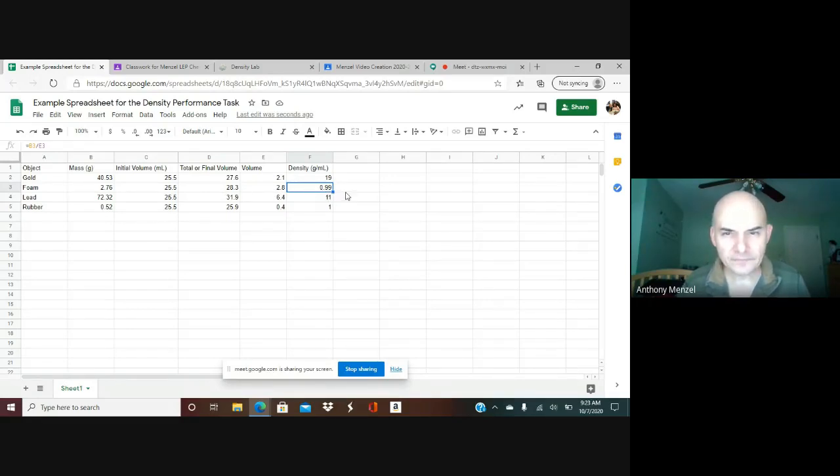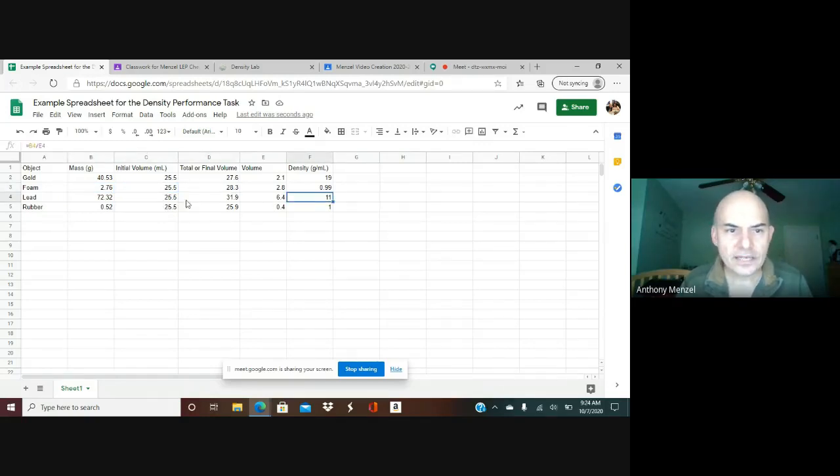So just be careful with that. Or again, if you just want to do the math, you can. You can say the mass is 2.76 divided by 2.8, which gives you this number. But that number does have to be reduced down a bit because otherwise it's just too many significant digits. It's too many numbers because your data does not have that many numbers.